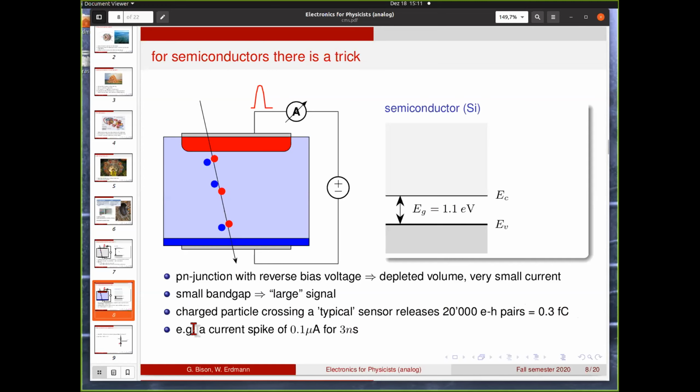So if you look at the collection time, so the time to drift to the electrodes, it is about 3 nanoseconds typically. So you would see a short current spike of 0.1 microamp or 100 nanoamps for roughly 3 nanoseconds. So it's not a huge signal, but still much more than you would get with other types of detectors.